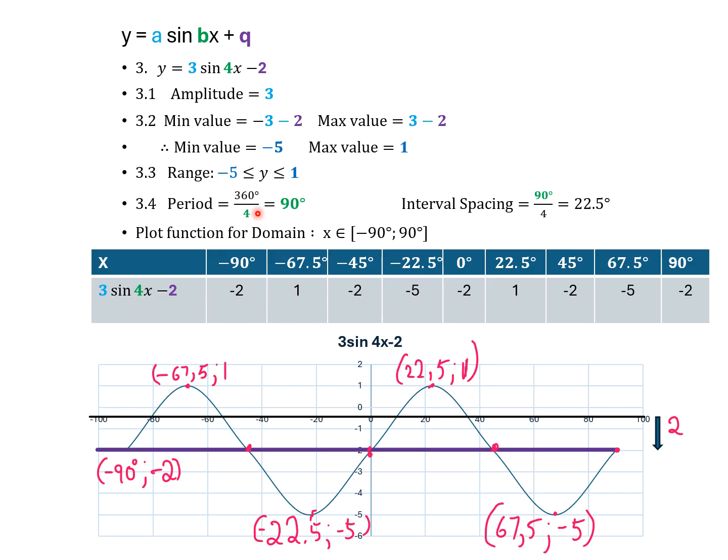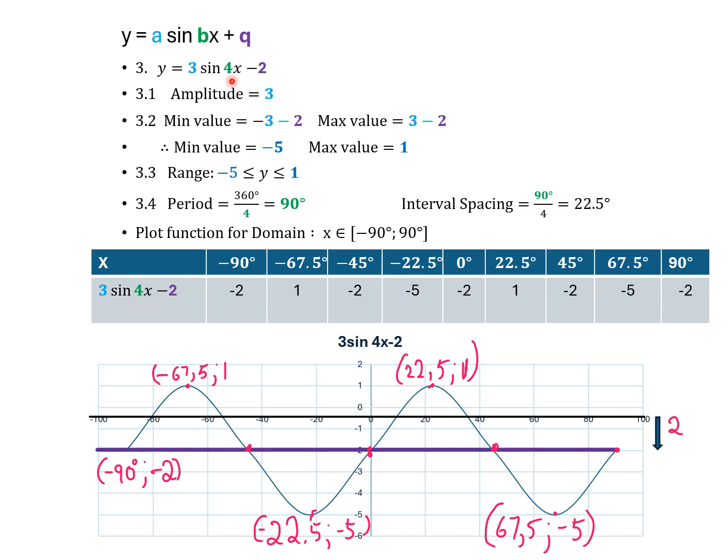There, as you can see. Period: that's 4x, so 360 divided by 4, which gives me 90. Therefore, my interval spacing would be 90 divided by 4, which gives me 22,5. So when you plot this function, they gave us the domain x element of negative 90 degrees to 90. I start at 0.